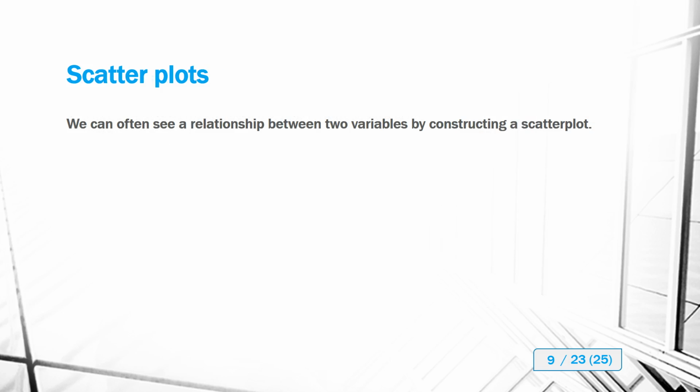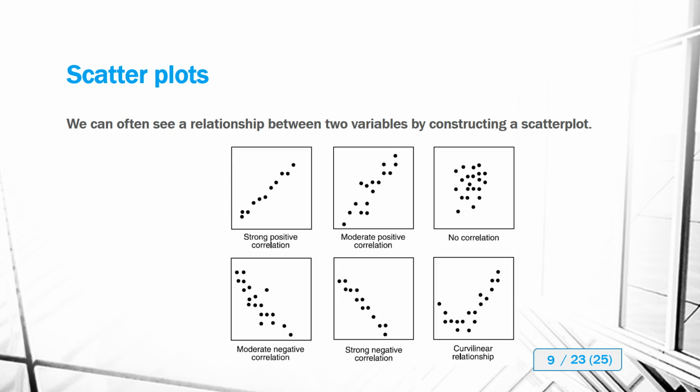Scatter plots. Now, we just mentioned this. Oftentimes we can see a relationship between 2 variables by constructing a scatter plot. And there are many different ways that the scatter plot can come out. So here we're looking at 6 different examples of how our scatter plot can turn out. The way that we actually read the scatter plot is you want to read it like you would a book.